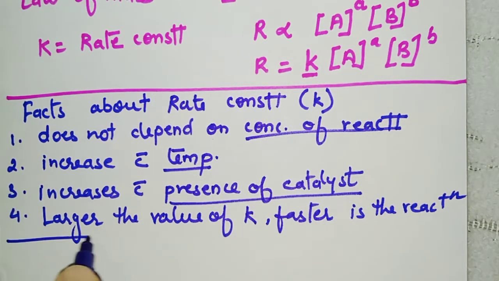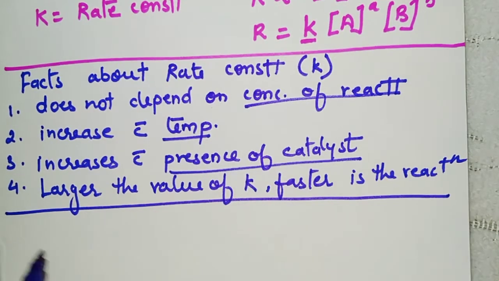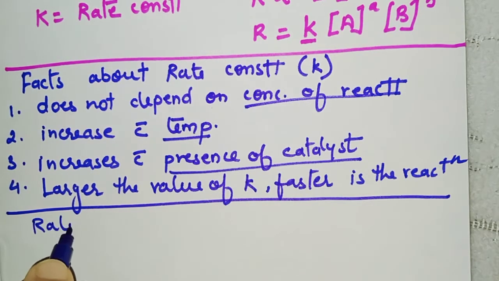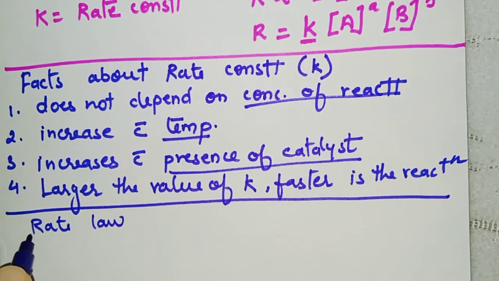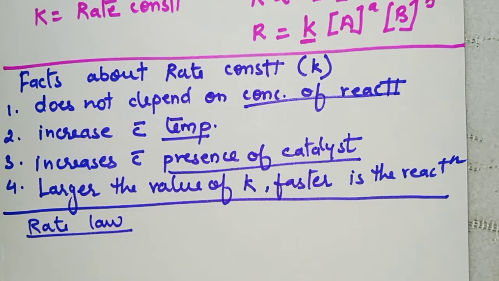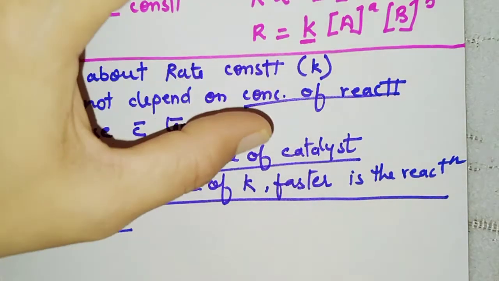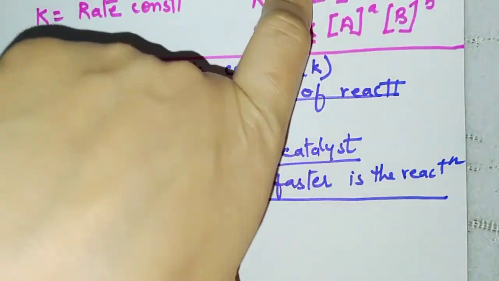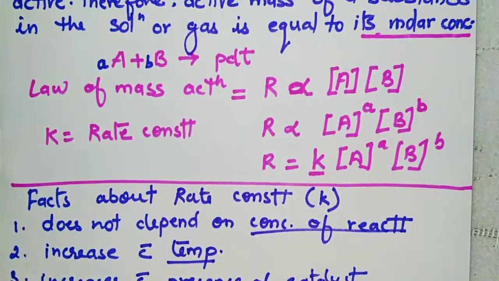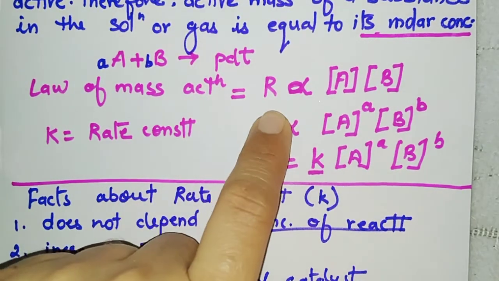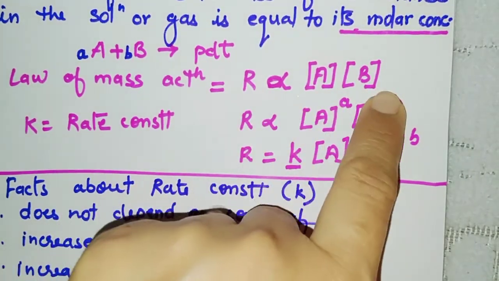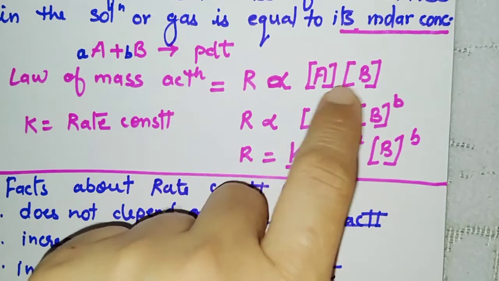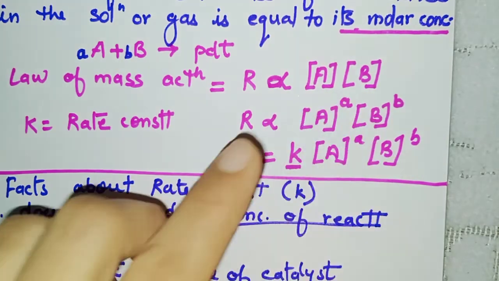Now next is our rate law. As it is told, the law of mass action says the rate is directly proportional to the product of active masses of the reactant or product.